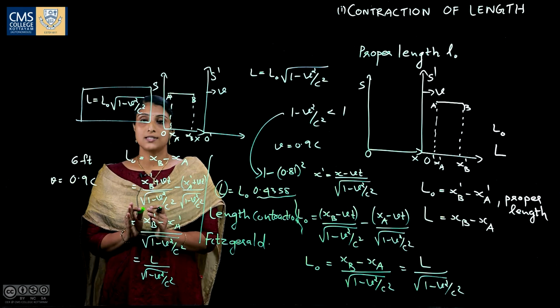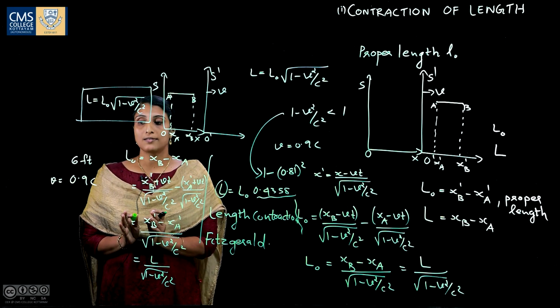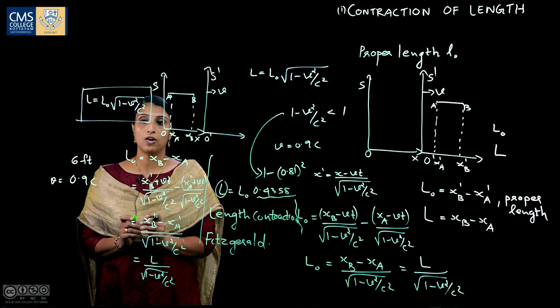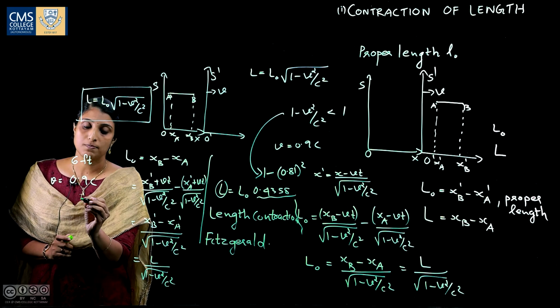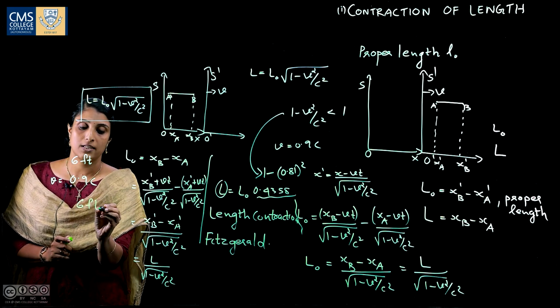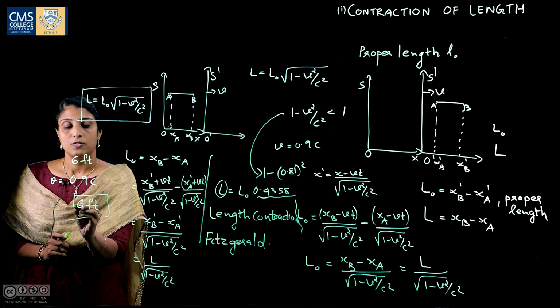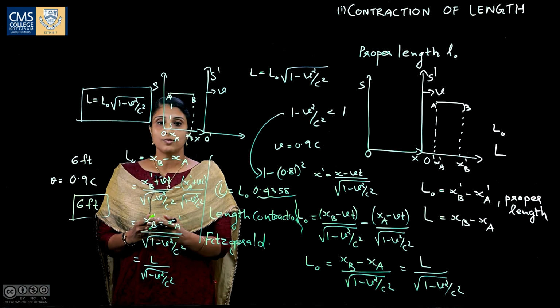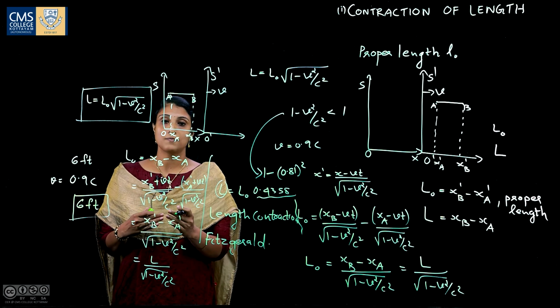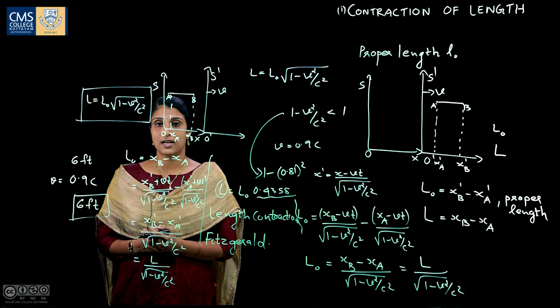Since the height of the astronaut is 6 feet exactly on the earth, its proper height is 6 feet. The astronaut is at rest with respect to an observer inside the spacecraft.